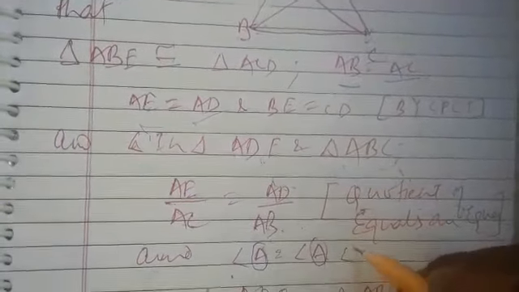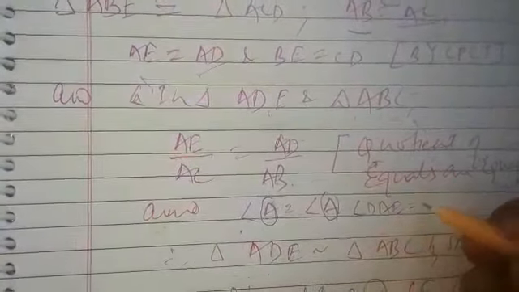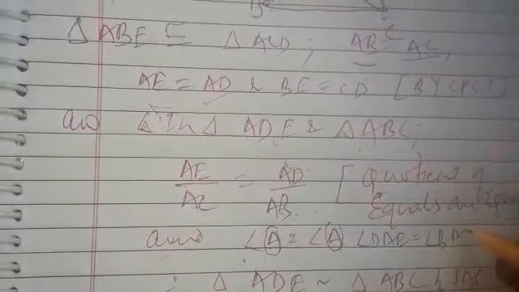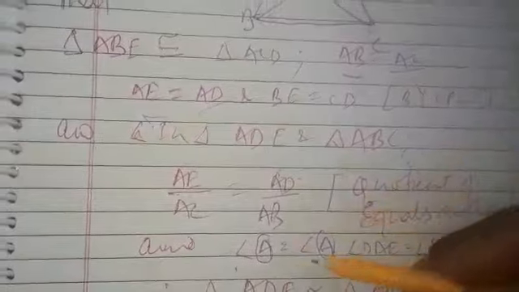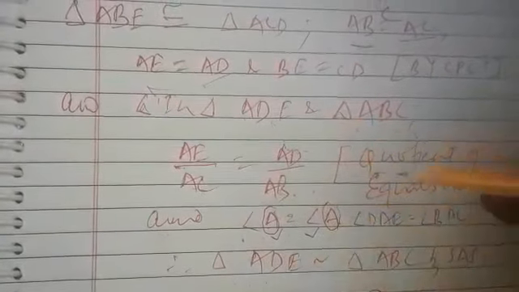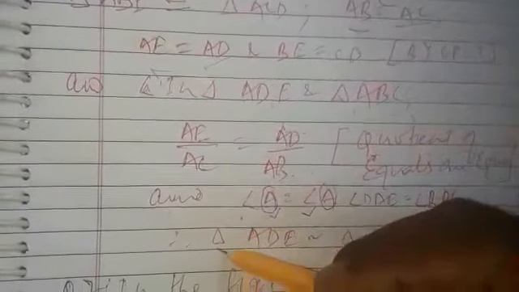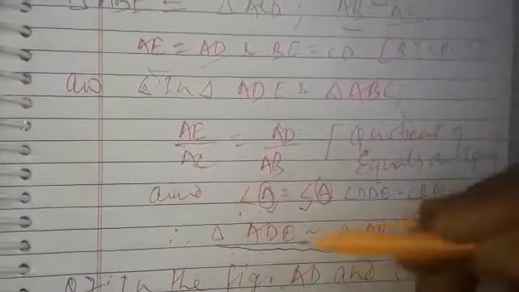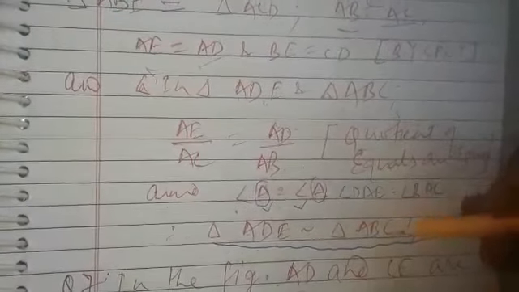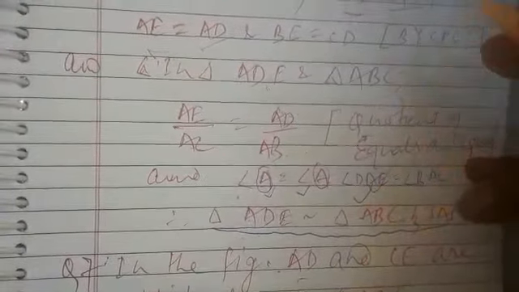For triangle ADE, it can be written as angle DAE, and for triangle ABC, it can be written as angle BAC. So we can say that the included angles are also equal. So on the basis of SAS similarity, triangle ADE is similar to triangle ABC. That is what we had to prove.